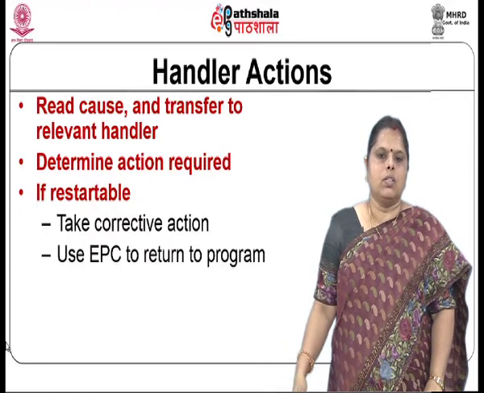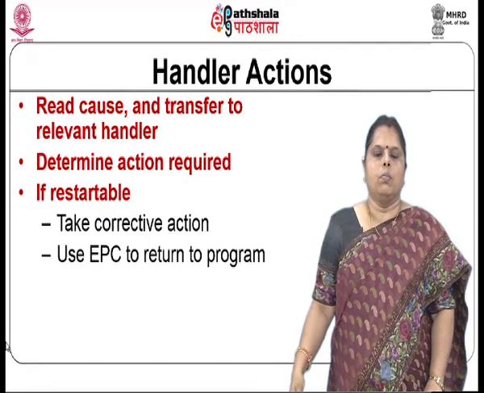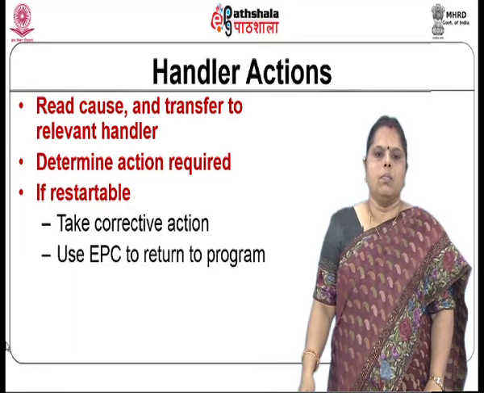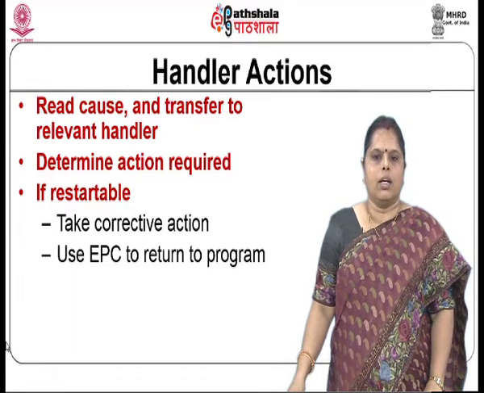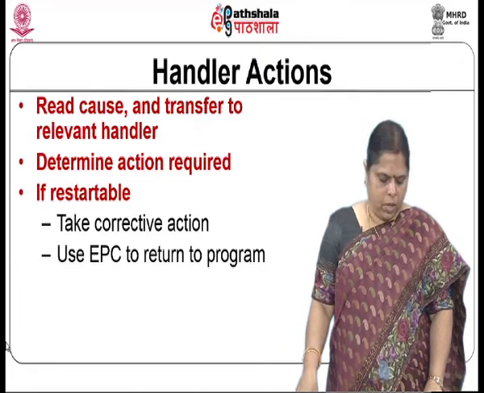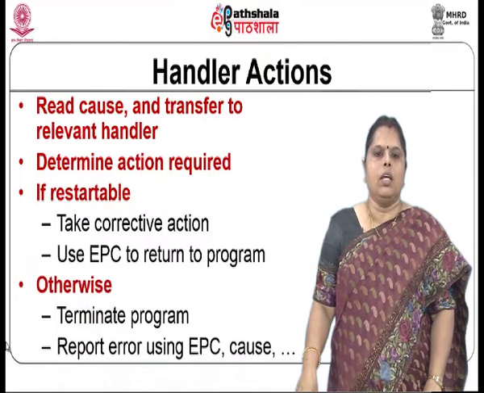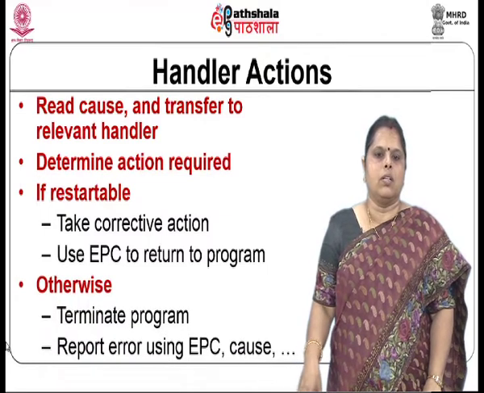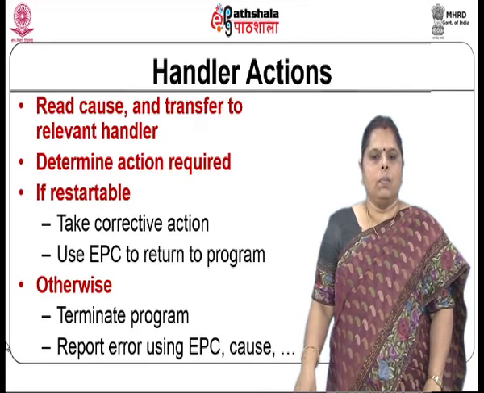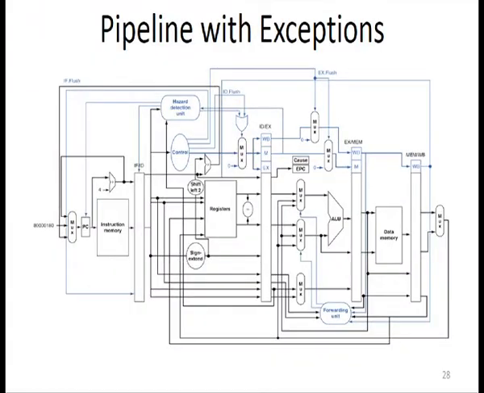Once you have identified the action to be done for the particular exception, and handled it, if it is a restartable exception, then you will have to take corrective action and use the exception program counter to return to the program. On the other hand, if it is a critical, terminating exception and you are not able to handle it, you will have to terminate the program. You may have to report the error using the EPC and the cause register values.